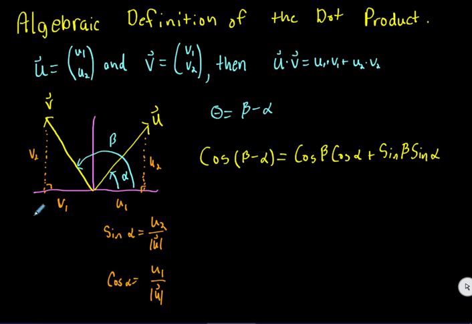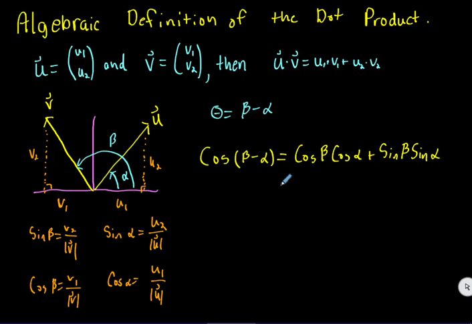And we can do the same thing for beta. The sine of beta is v sub 2 over this length, which is magnitude v, and the cosine of beta would be v sub 1 over magnitude v.